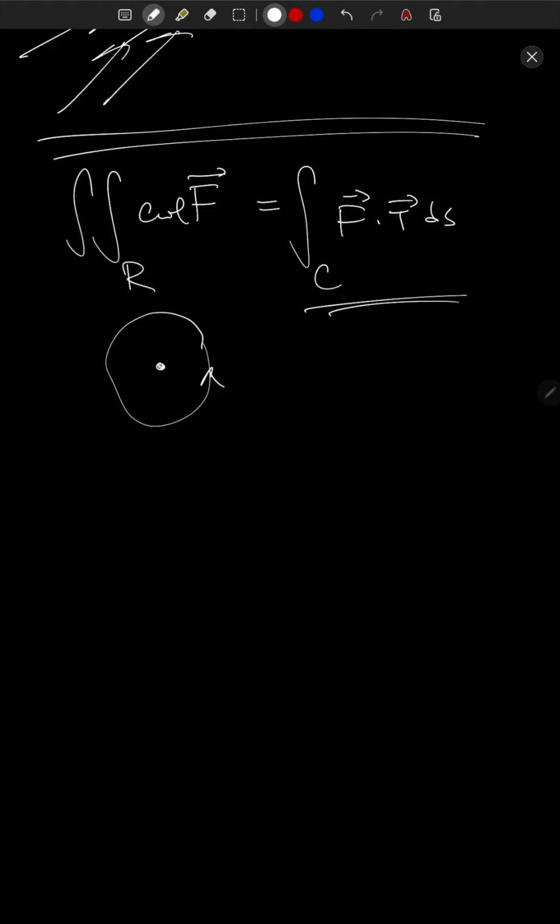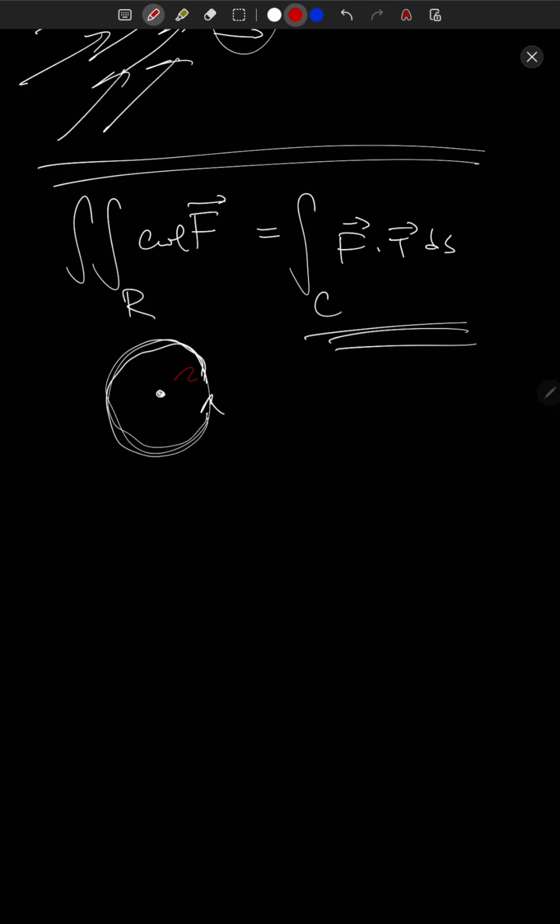The right-hand side tells you how much stuff is circling around this point along this circle. Now you take a smaller circle, apply Green's theorem again, and the right-hand side tells you how much stuff is flowing around this point along this circle.